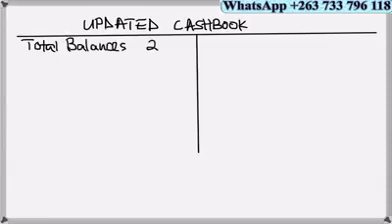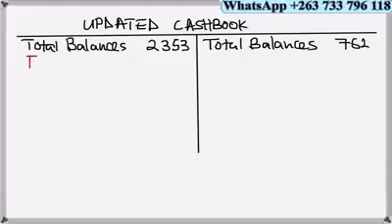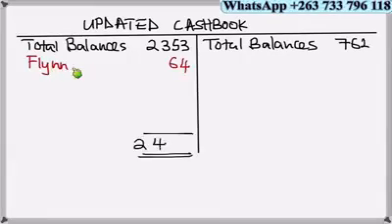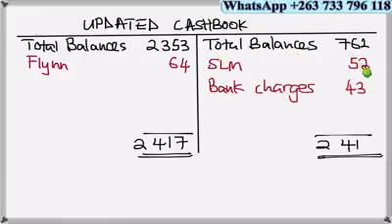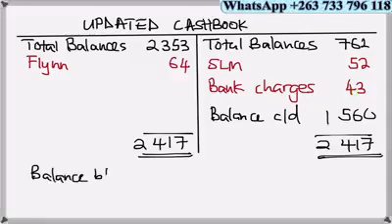So these are the total balances. We first start by recording the Flying Traders balance, which is 64. Then we add to find the total, which is 2,417. Since this side is bigger than this, here we have SLM payment 52, then bank charges 43, which have not yet been recorded in the cash book.